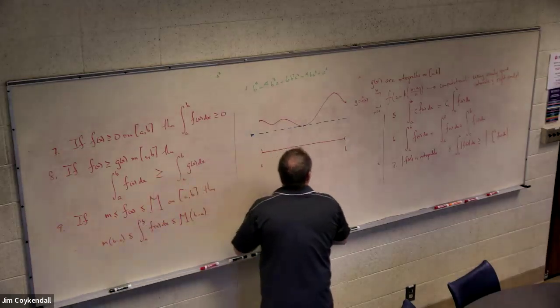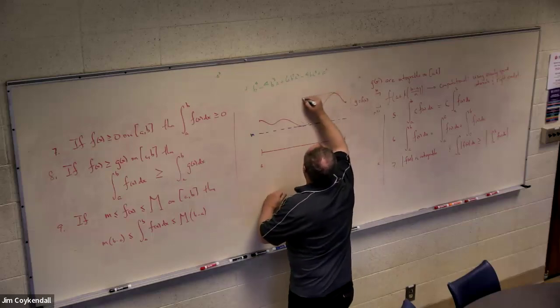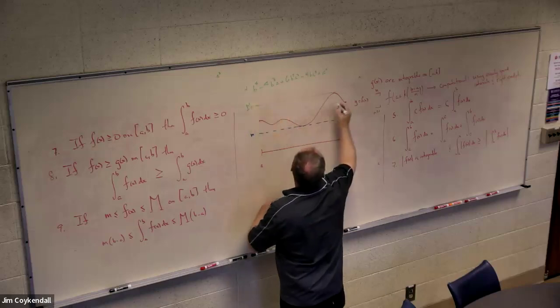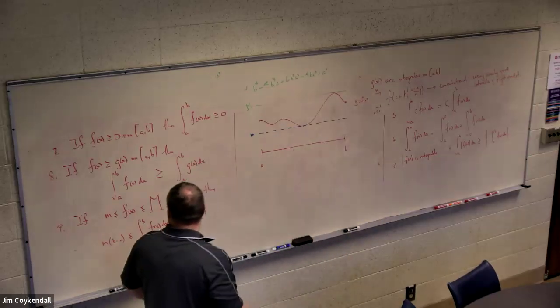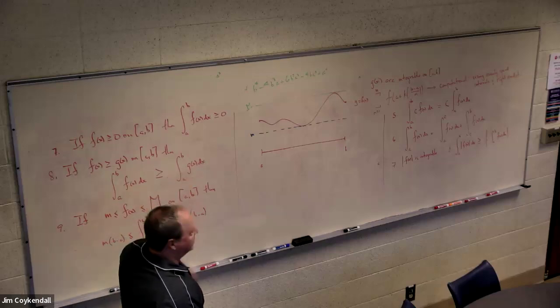And by the same token, I can think of this as capital M. Everybody agree that every red y coordinate is less than or equal to capital M, which is the green.